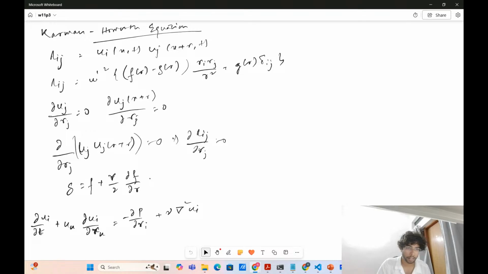Similarly, you can write the same equation at the position x plus r.